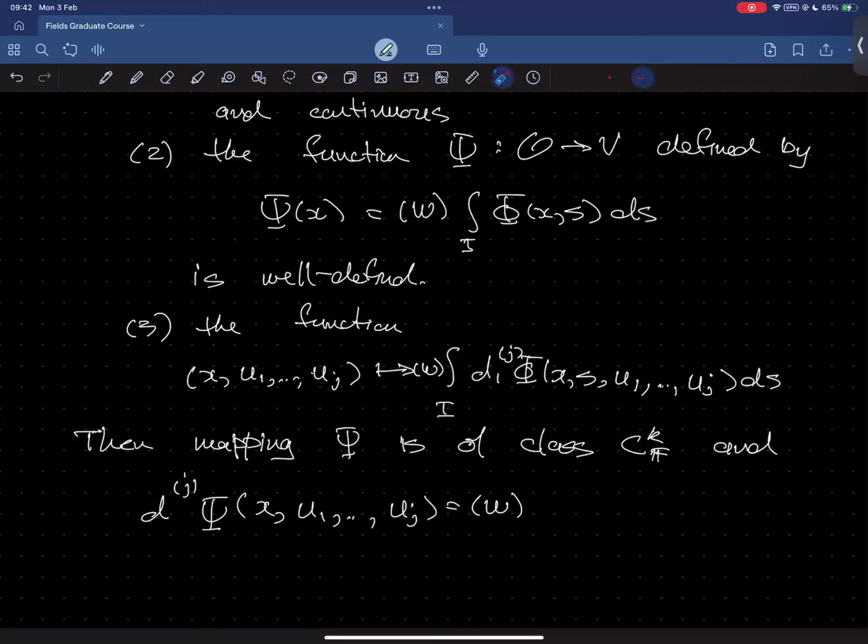This thing here is the integral function, and this is saying the derivative of the integral is equal to the integral of the derivative: d j phi of x, s, u1 up to uj, ds. Good.